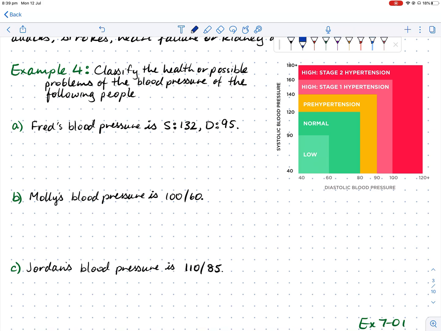We're going along systolic first. 132 is about there, and then the diastolic is 95, which is here. So his blood pressure puts him right there. We can say he's got high blood pressure, probably at stage 1 hypertension.